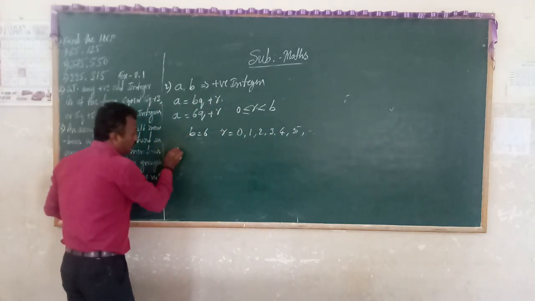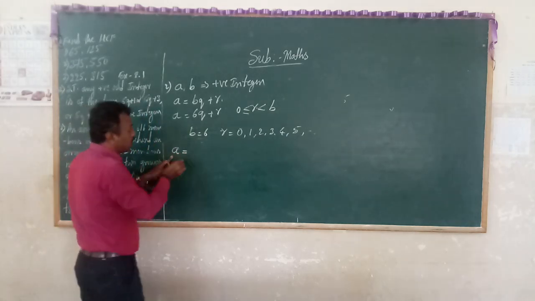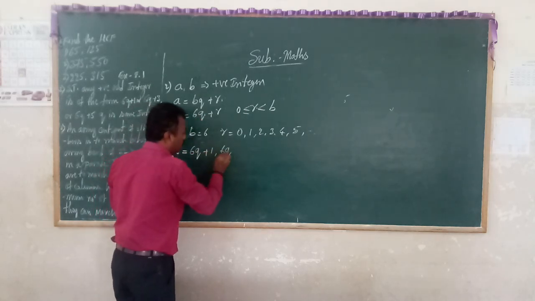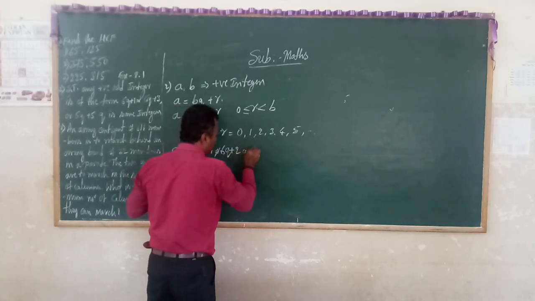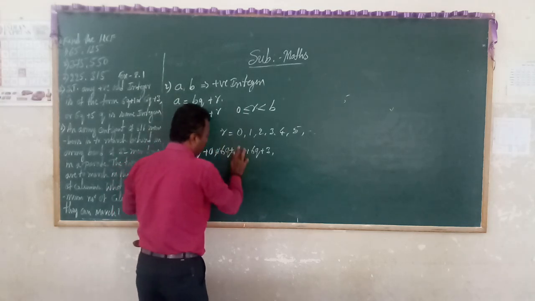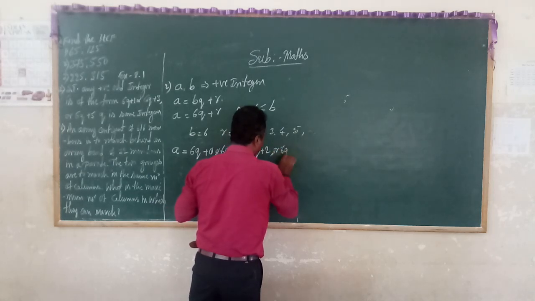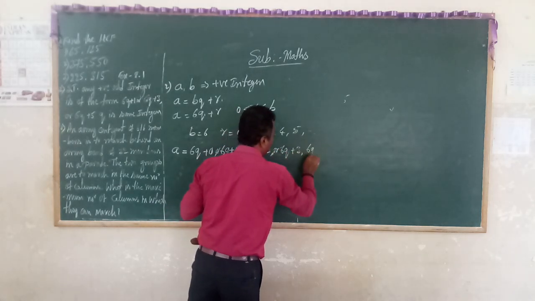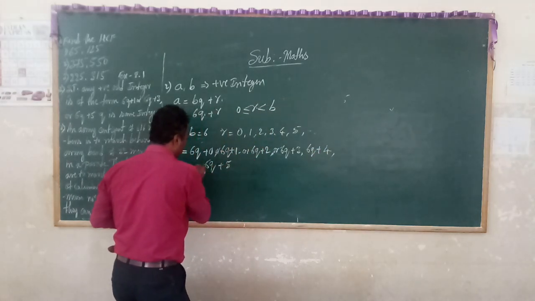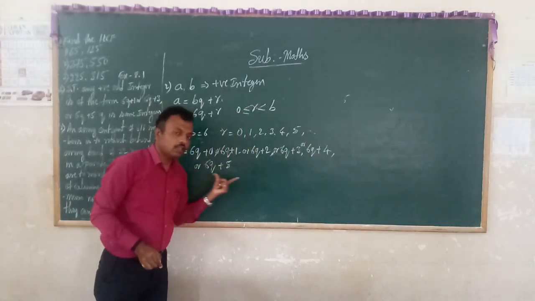Okay students, a can exist as 6q plus 0, 6q plus 1, 6q plus 2, or 6q plus 3, or 6q plus 4, or 6q plus 5. So a can exist with these kinds of values.